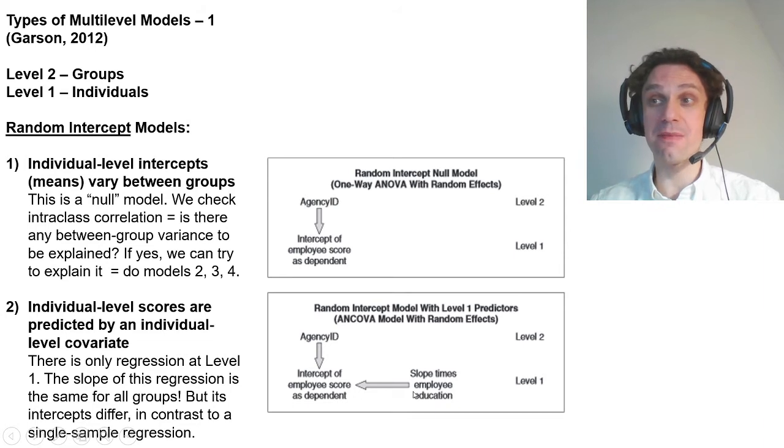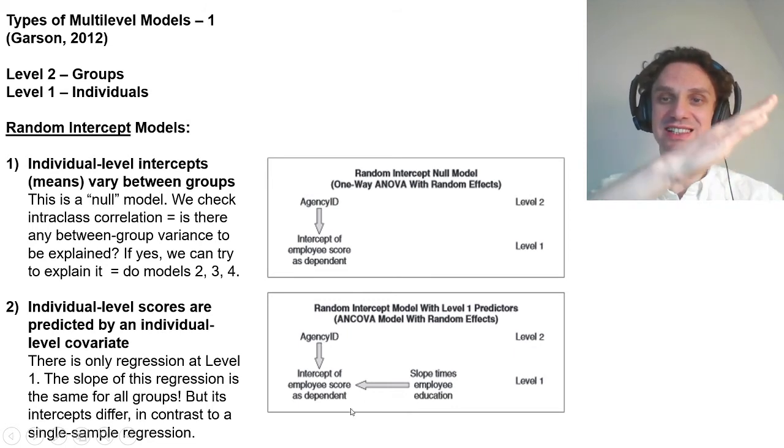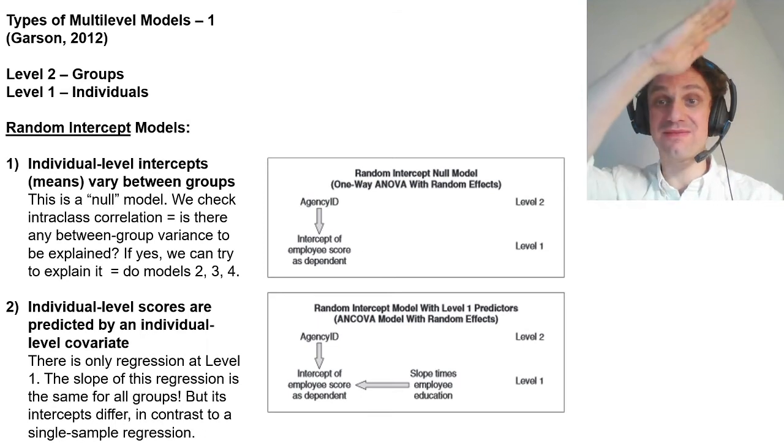For example, we can add an individual level predictor. And as a result, we will have a slope of this predictor. Because it's a random intercept model, this slope is the same for all agencies. So what differs across agencies is just the intercept.